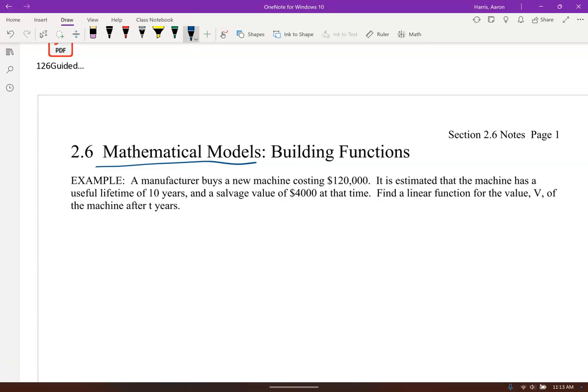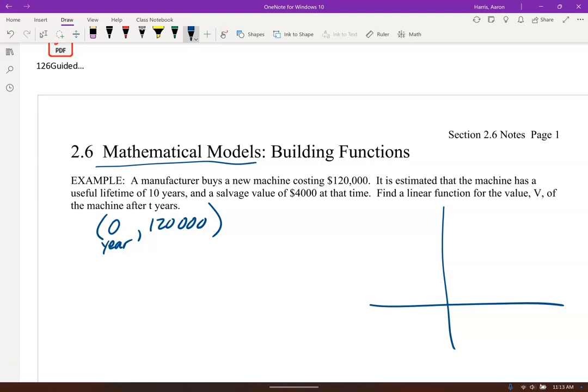So let's take the given information. In year zero, the machine costs $120,000, right? So if I was graphing this, this is the value, this is time in years. In year zero, it's $120,000. That's the value.